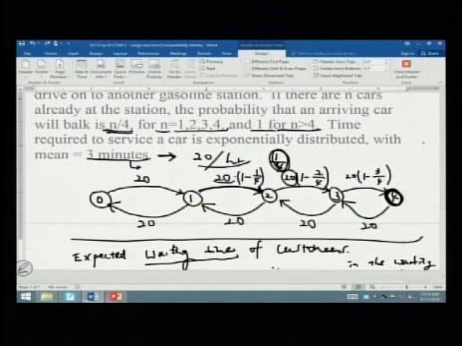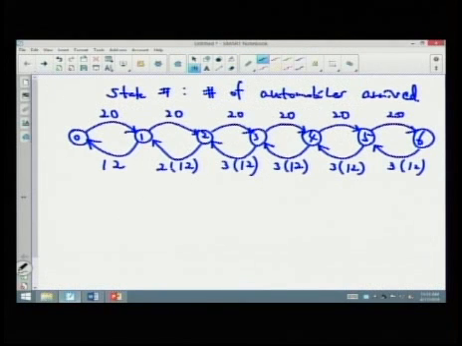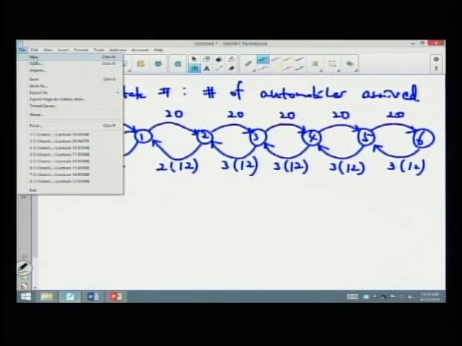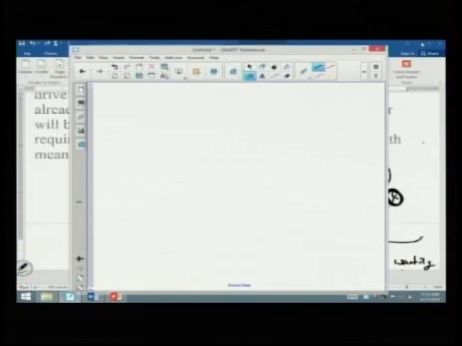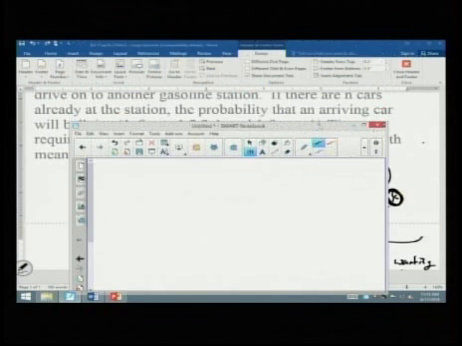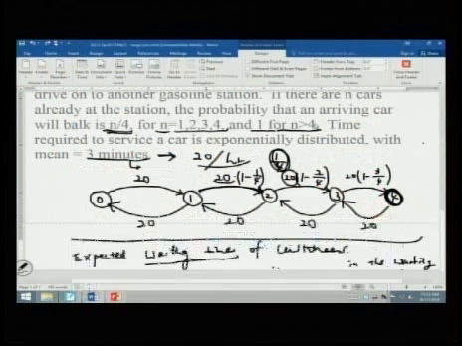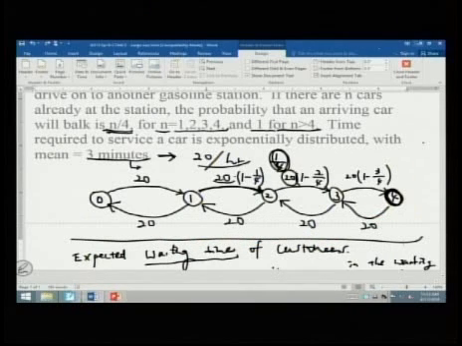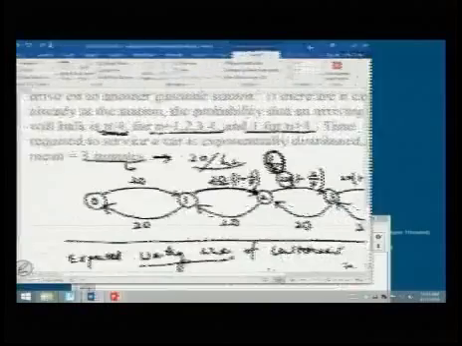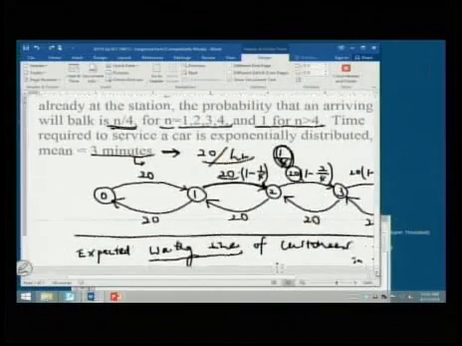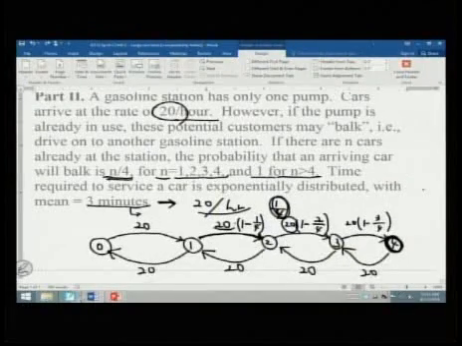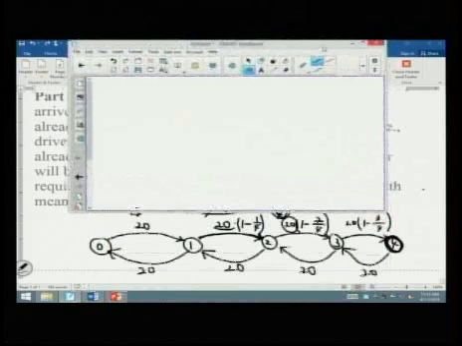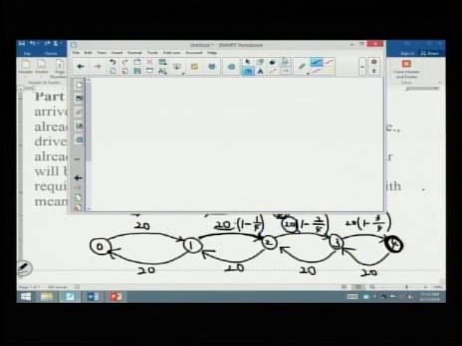Okay, well, let me redraw the transition diagram so that we're going to work on that from there. Okay, that's better.